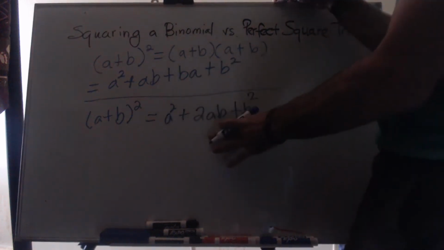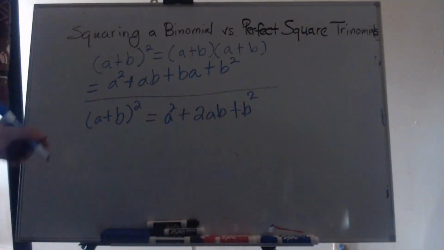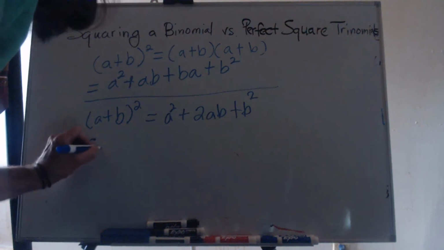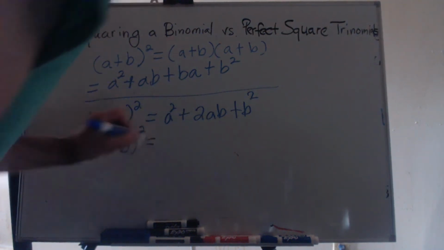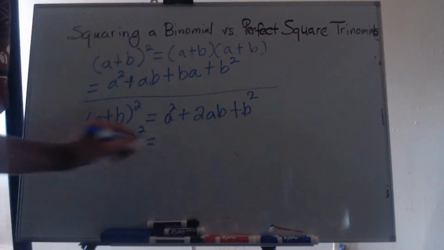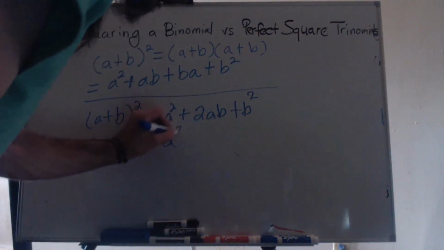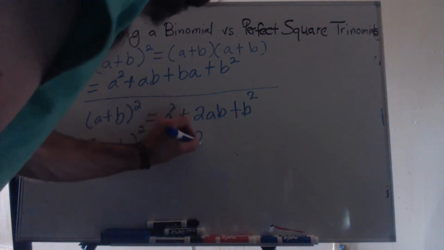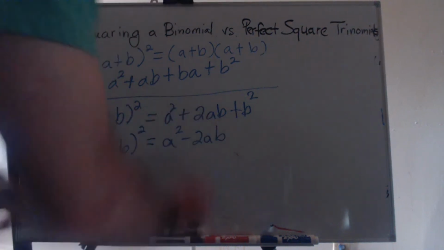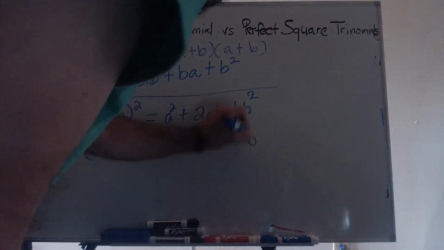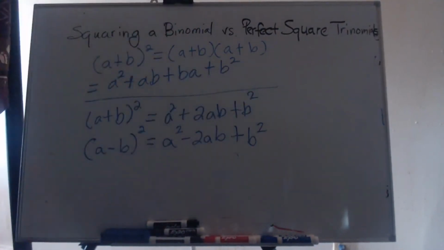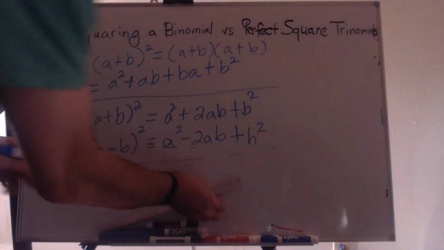That's an example of a perfect square trinomial. Similarly, if it was subtraction and you did that FOILing out, it would look almost the same, except that in front of that middle term you'd have a minus 2ab. Feel free to check that out if you have never seen this before.